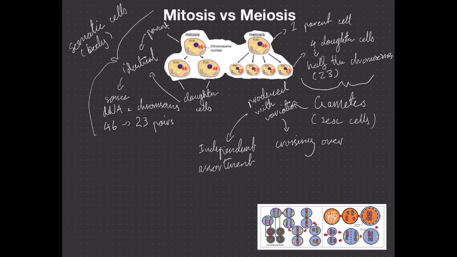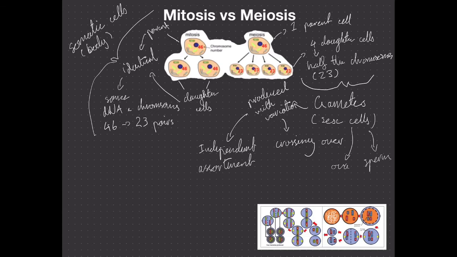Meiosis, we get one parent cell and 4 daughter cells. They split twice with some funky stuff going along the way. Our daughter cells only have half the amount of DNA, 23 chromosomes. These are our gametes or sex cells, which will be sperm and ova.